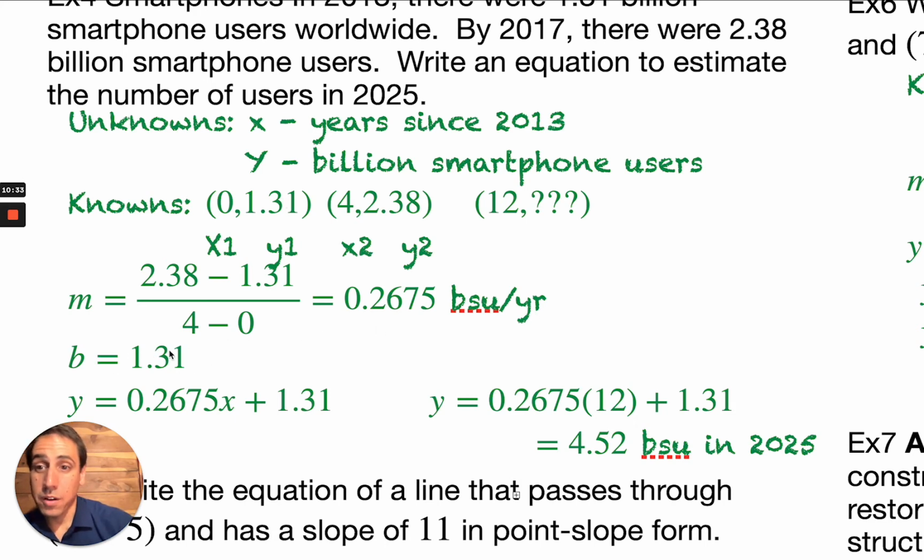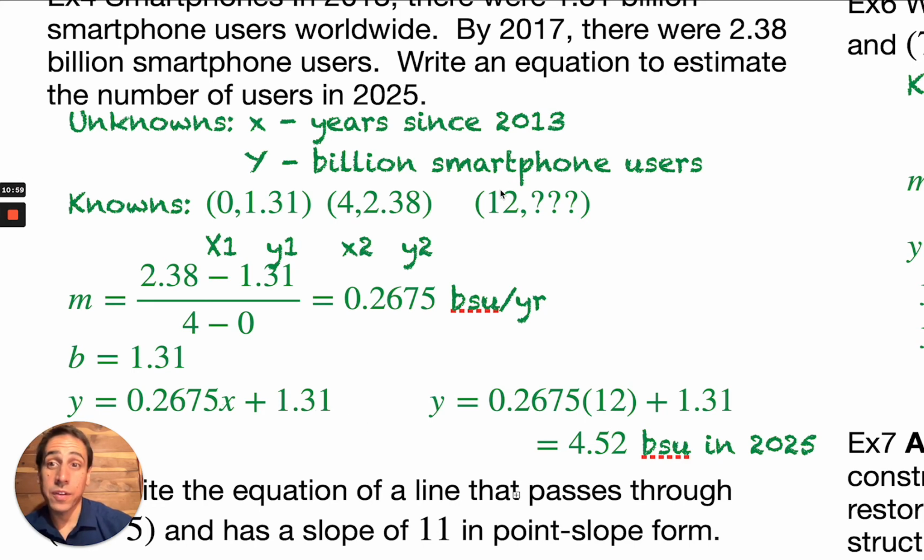We get the y-intercept because it's already given right here. The y-intercept is the value of y when x is equal to 0. So calculating the y-intercept is actually as simple as recognizing that this will be the y-intercept and just writing it down here. So if you're going to write an equation, you could say y equals the slope times x plus 1.31.